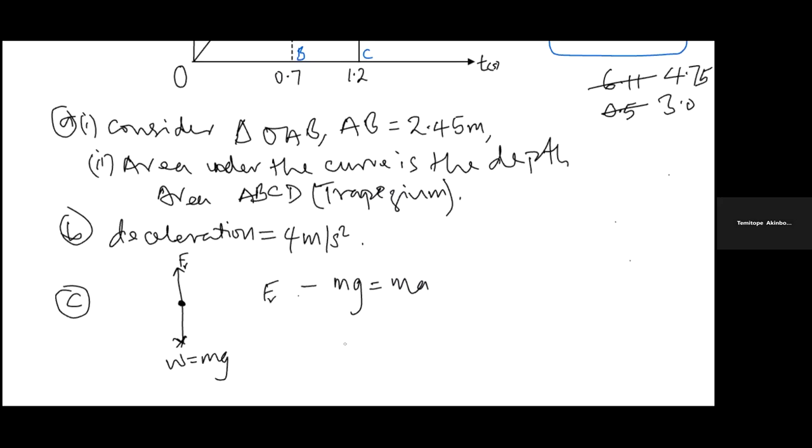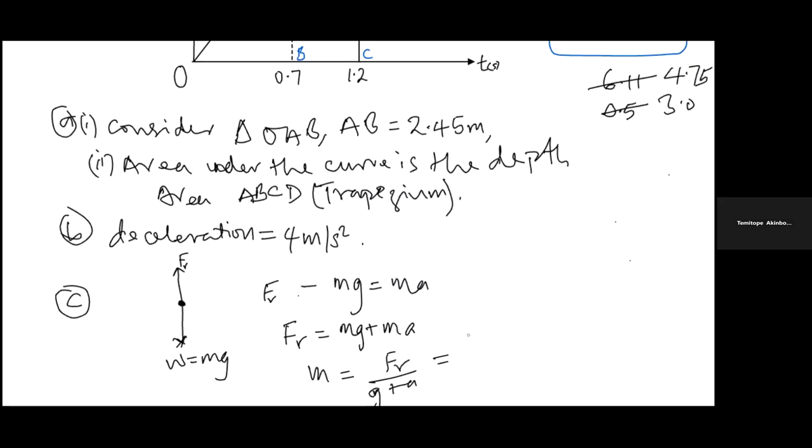And we have been given the resistance to motion, isn't it? Yes, sir. So FR equals mg plus ma. That will now give us M equals FR over G plus A. But our A is the deceleration, which is going to be positive that we are going to use now.